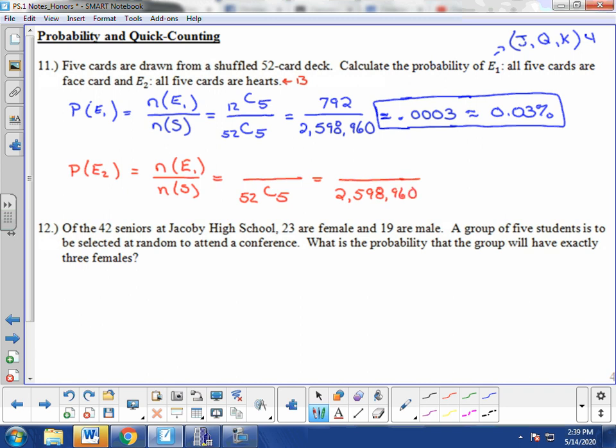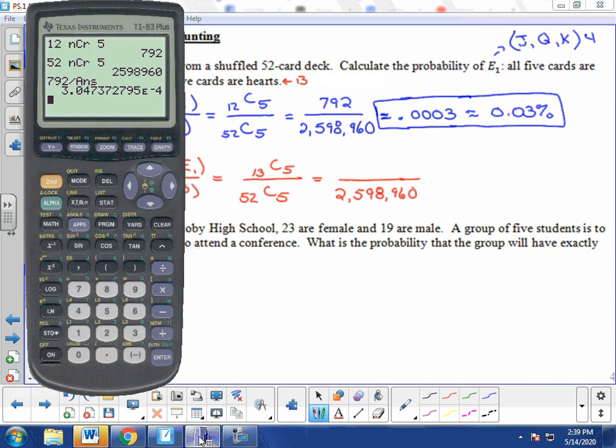But the number of combinations with hearts is going to change. Now we have 13 cards that we could potentially draw from to get all hearts, so we want 13 choose 5 in the numerator. We're using that number 13 because we want them all to be hearts. So 13 choose 5 is our numerator, the number of elements in the event.